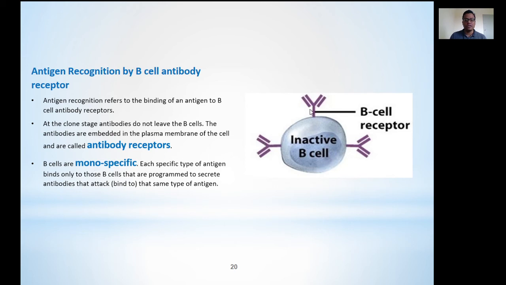These antibodies on this clone of B cells are only specific to one type of pathogen. Each specific type of antigen binds only to those B cells that are programmed to secrete antibodies that attach to the same type of antigen. A B cell becomes activated when the antibody receptors recognize an antigen.